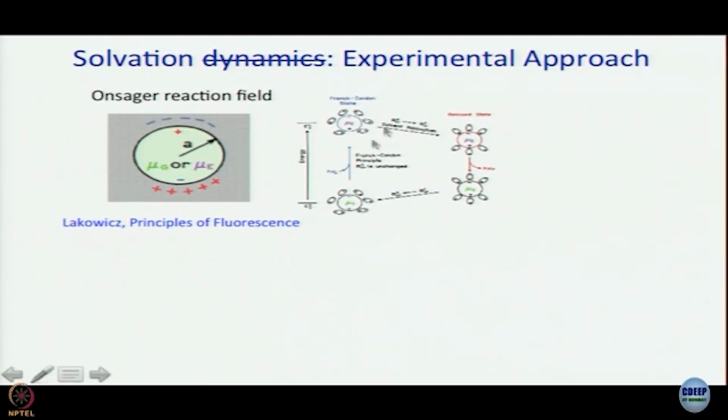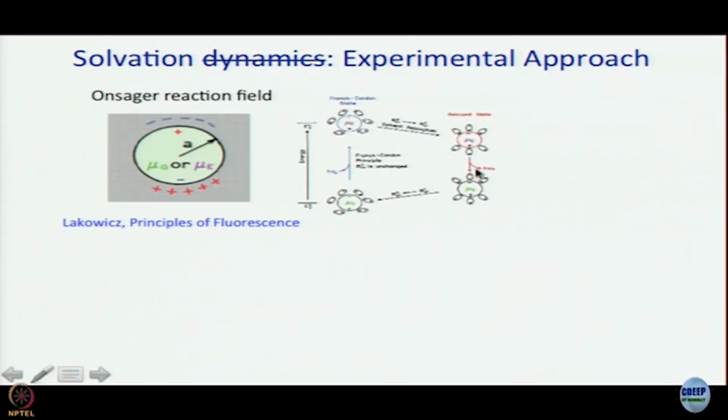But since we know that solvents have dipole moments, we can think that these dipole moments will reorient, so that on the minus side of the solute dipole, you have solvent molecules pointing the plus sides, and on the other side you have the solvent molecules pointing the minus side, and that causes the stabilization. Okay. So, this is the molecular picture. Onsager reaction field is the gross physical derivation.